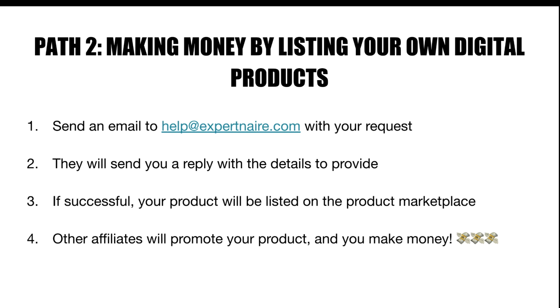Some people, this is entirely what they do because they have quality products. They are not going about promoting other people's products. They simply list their own products, and Expertnaire puts it on their site, and they also make money that way. So that's the second way of making money through Expertnaire.